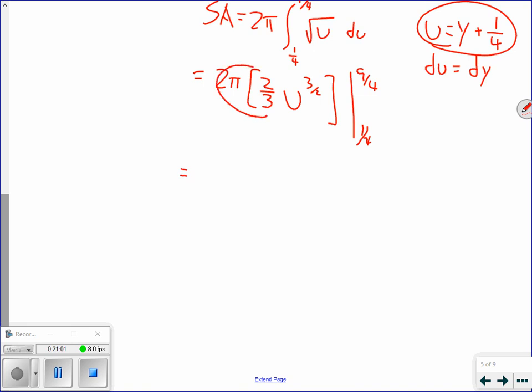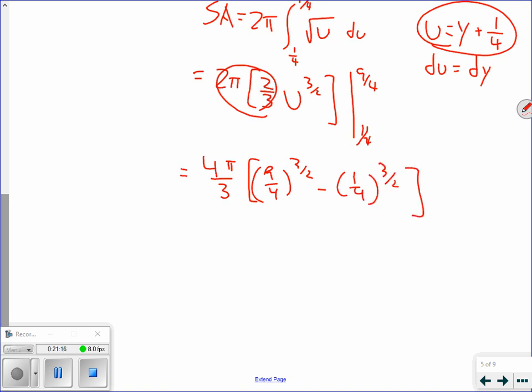So I'll combine this together as 4 pi over 3. And then I'll have, let's see, 9/4 to the 3/2 minus 1/4 to the 3/2. And for the sake of time, we can just leave that unsimplified. It's calc inactive, so I'm good with you leaving it there.